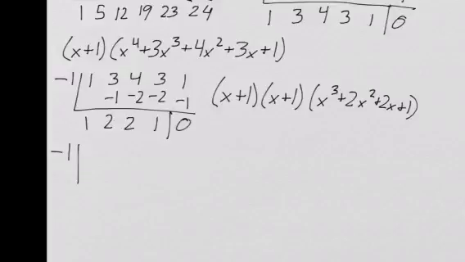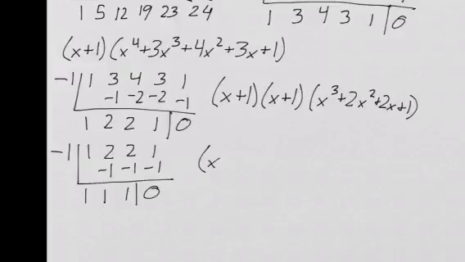Again, the only possibility I'm left with was negative 1. So I'll plug in 1, 2, 2, 1, bring down the 1, multiply by negative 1, and add, continuing across. I get 0.